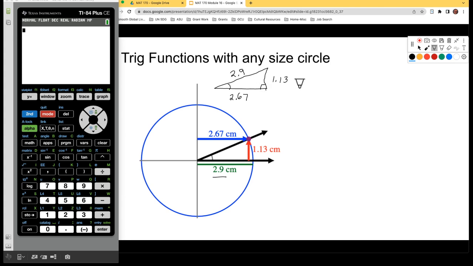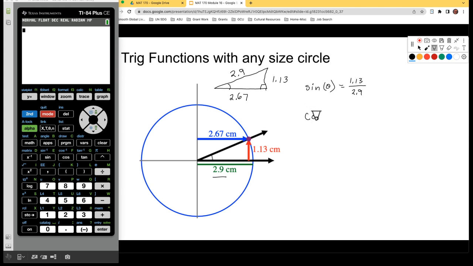Okay, so how do we calculate the sine of this angle? Sine is opposite over hypotenuse, 1.13 over 2.9, sorry. And let's just go through and list them all, and then we'll do the calculations all at one time.